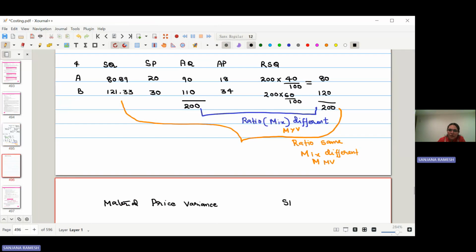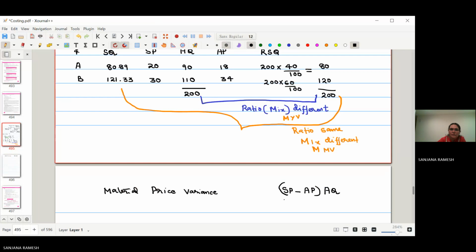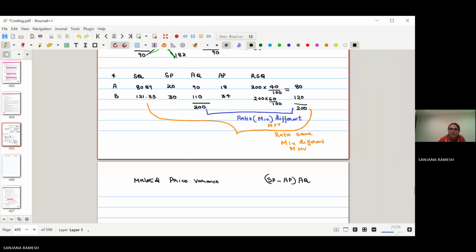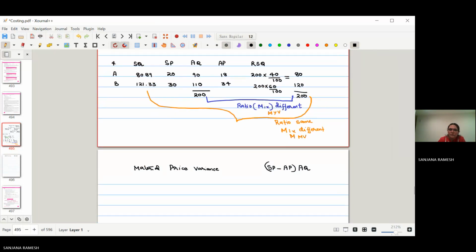So standard price minus actual price into actual quantity. So for material A, it will be 20 minus 18, so 2 into 90, and for material B, it will be 30 minus 34 into 110, that is minus 4.